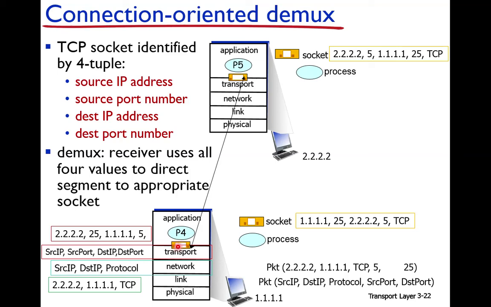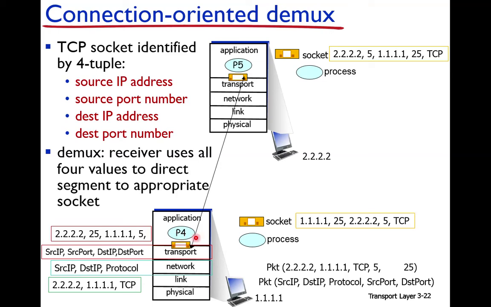So this socket has these four values, which means the TCP transport layer will deliver the packet to this socket, which is associated with P4.